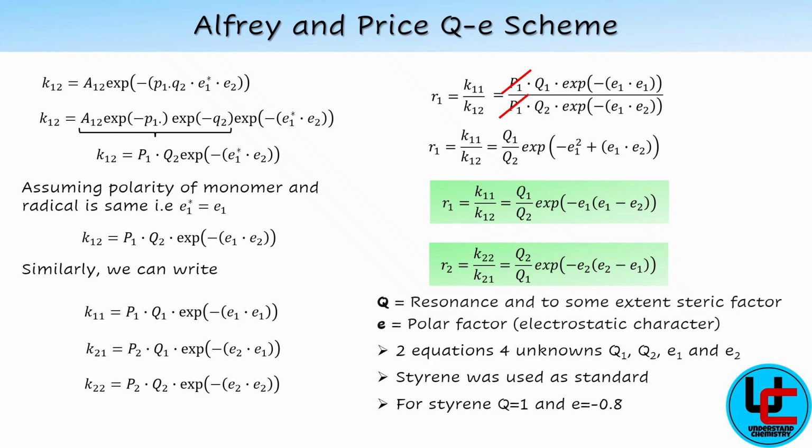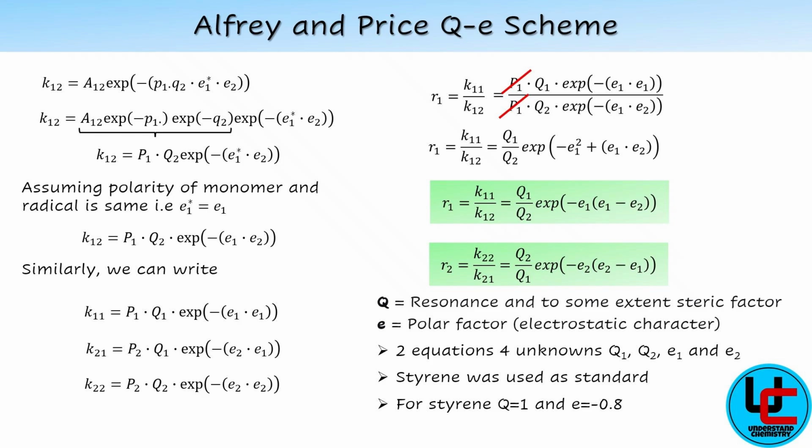But note, we have two equations, yet four unknowns: Q1, Q2, E1 and E2. To solve this, Alfrey and Price introduced a reference, styrene. They arbitrarily assigned styrene Q equal to 1 and E equal to minus 0.8.